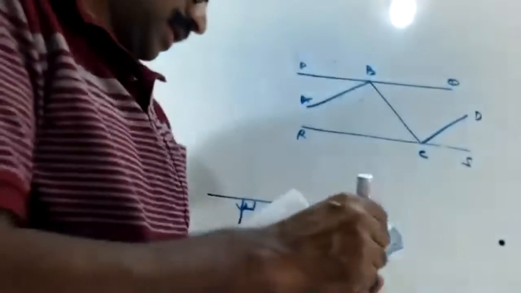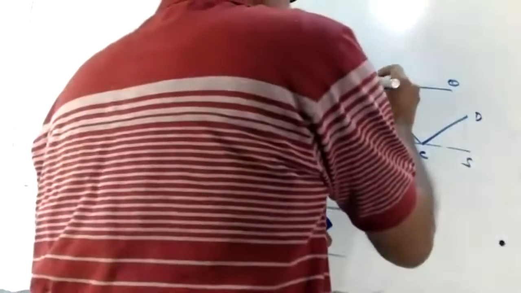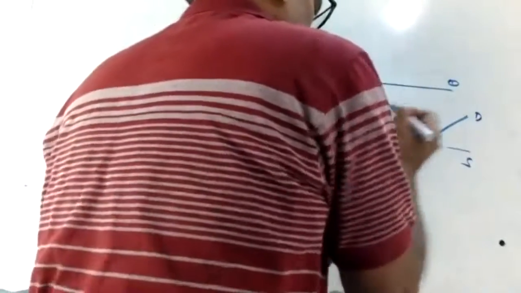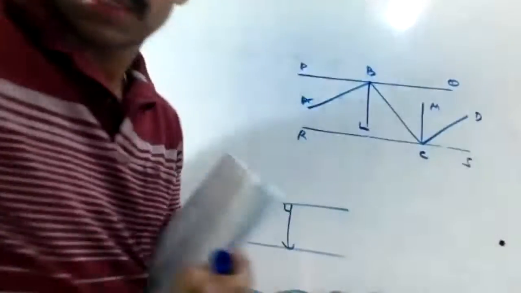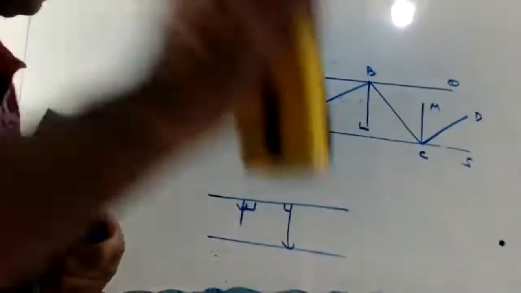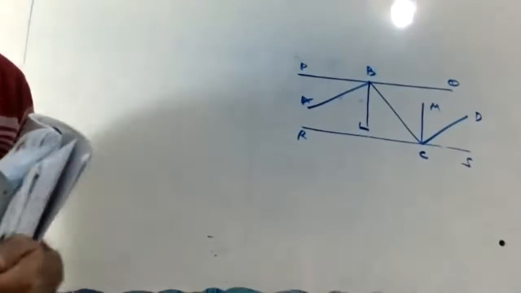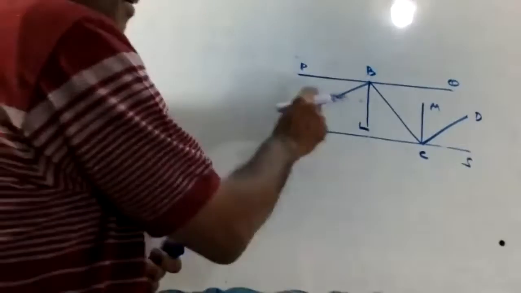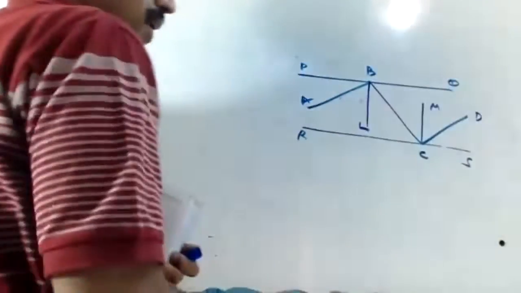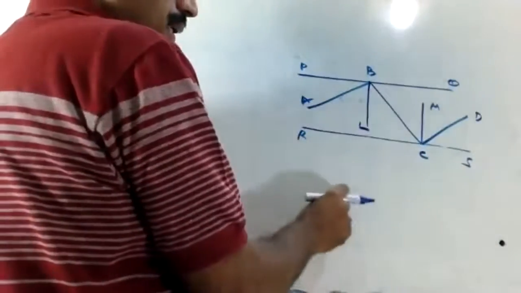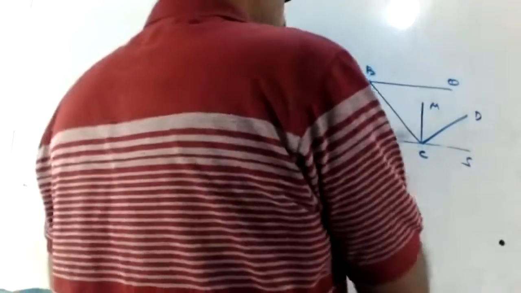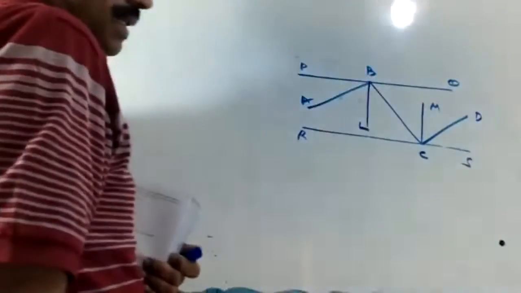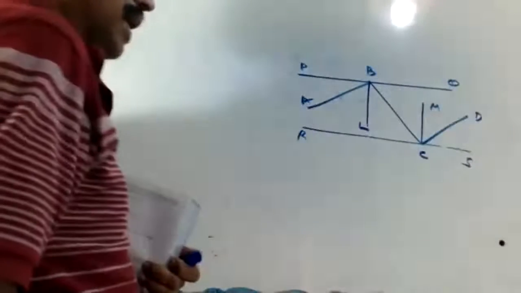Here, draw BL perpendicular. Don't make anything. I'll just explain now. M here. So we did the concept. Now look at here. BL perpendicular to PQ and MC perpendicular to RS and PQ parallel to RS.